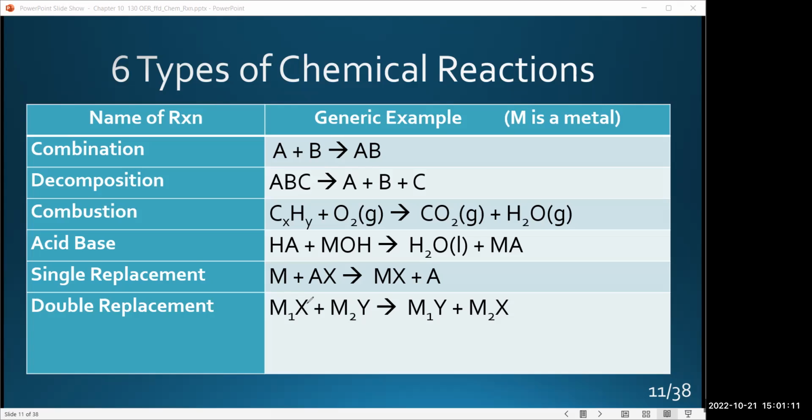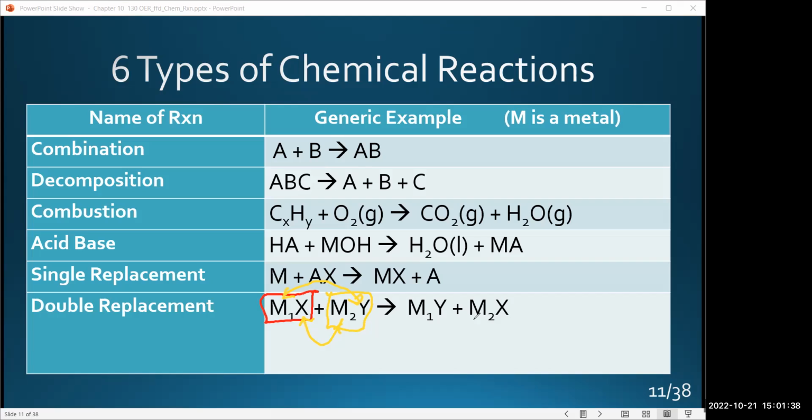And so we have two ionic compounds, both of them soluble. M2 then partners up with the new partner X, and M1 partners up with Y, a new combination.